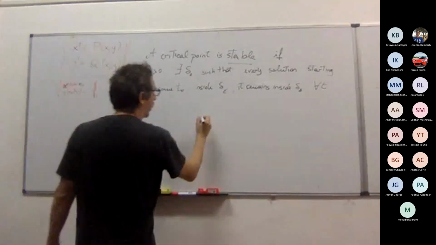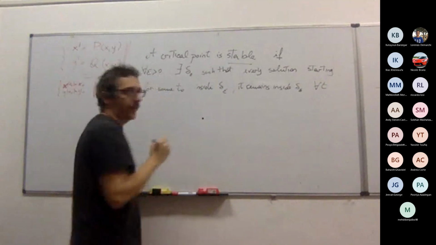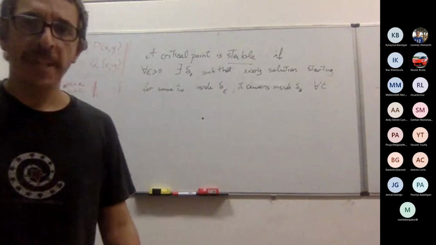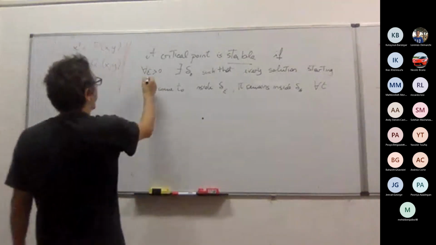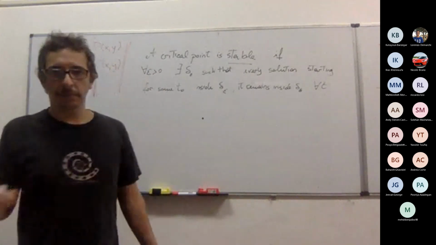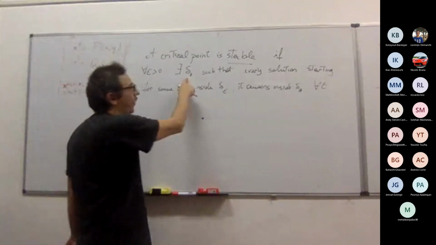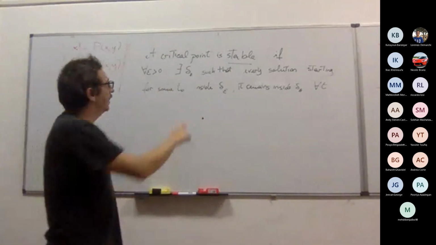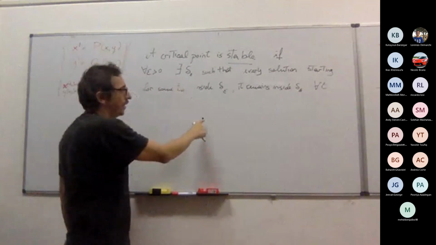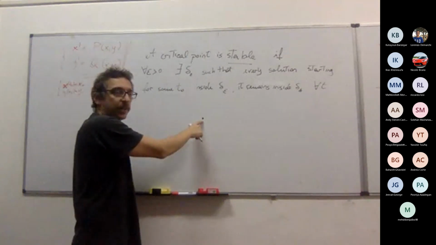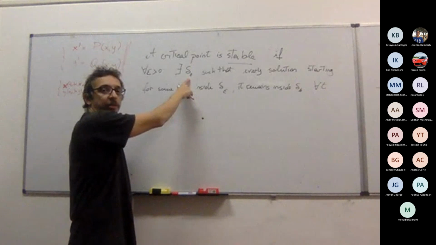So basically, what does this mean? Imagine that I have some critical point here. Now I give you some number epsilon greater than 0, and I define a circle delta, which has its center in this critical point and has radius epsilon.